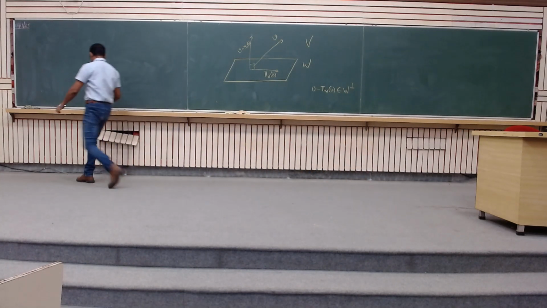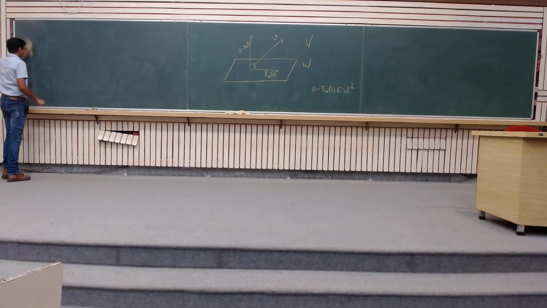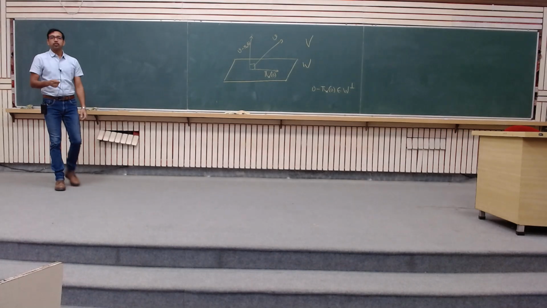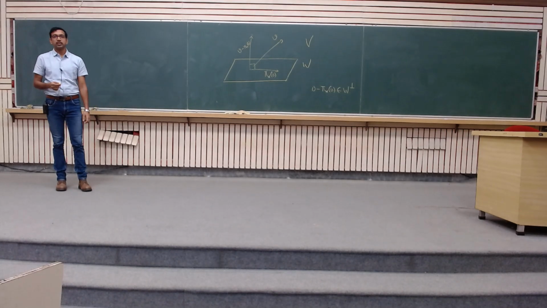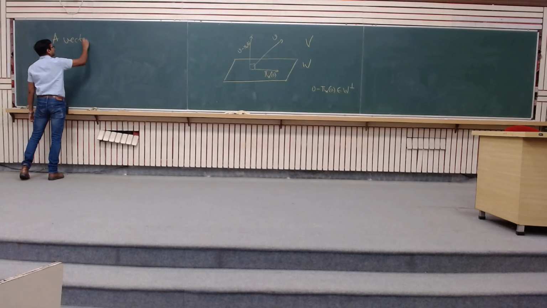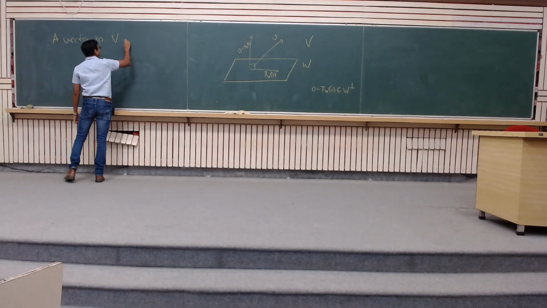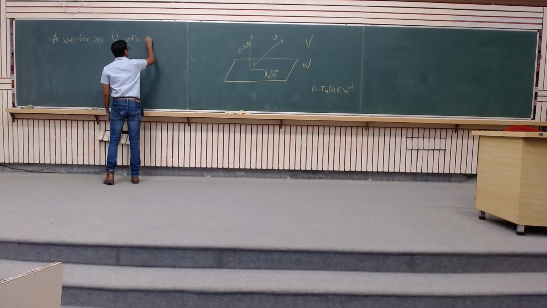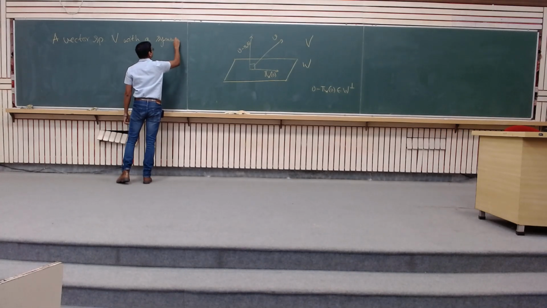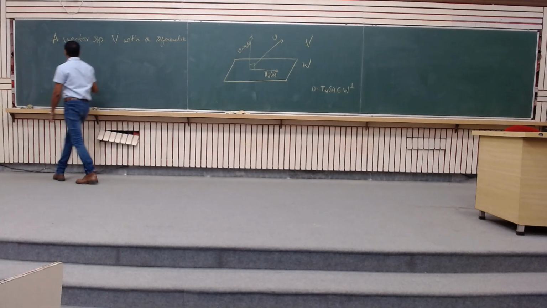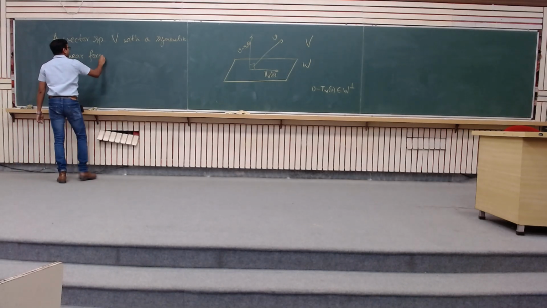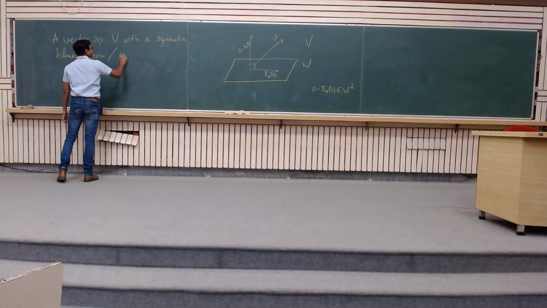So let's recall what we meant by null space and non-degeneracy. Do you recall what is a null space? You are given a vector space V with a symmetric bilinear form, or a Hermitian form.